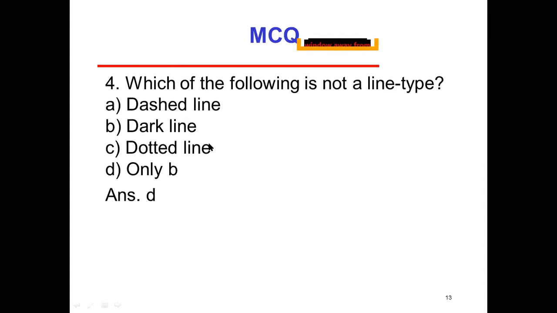We know about the dotted line and dashed line, but there is no such specification for the dark line. So dark line is not a line type. So only B, here only B is the dark line.